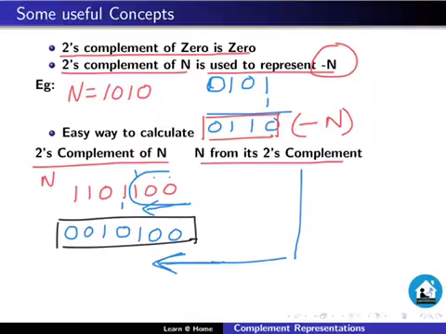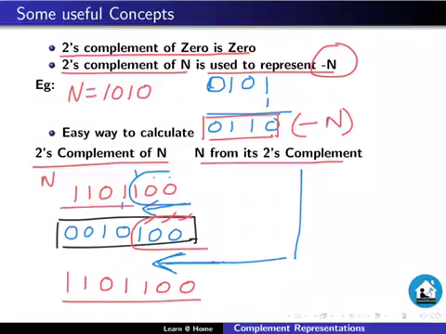In this case, this is 0, this is 0, and this is 1. Stop there, copy those 1 0 0, and then invert the bits after that. Then it is 1 0 1 1. You can verify that this was our original number. So if you are given a 2's complement, you can easily find the original number n.